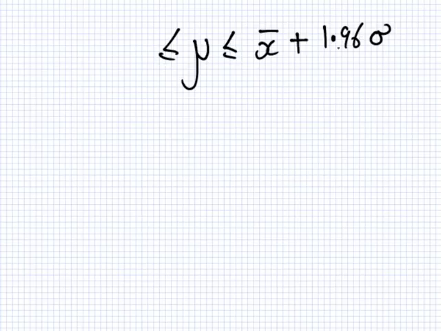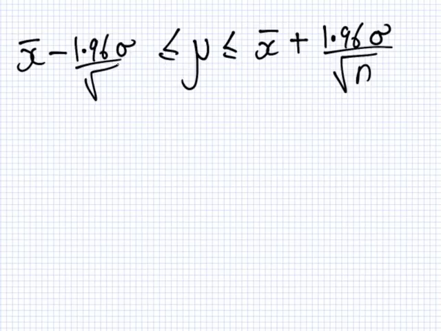Great. So, the confidence interval for the true average, we say that it is smaller than the average we get from the data plus 1.96 standard deviations over root n, and it's bigger than the average minus 1.96 standard deviations over root n.